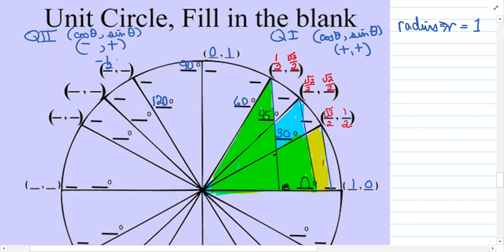And I would have a positive square root of 3 over 2. And then I could draw my line to make my right triangle.